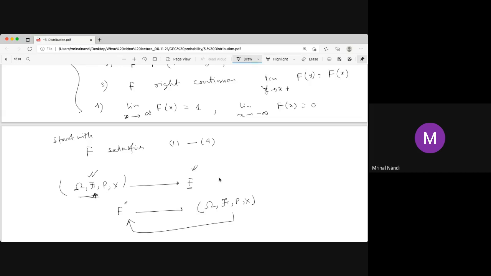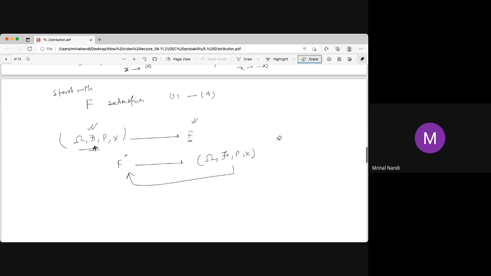If you can relate it, then we know what properties this f has, and we find all these properties of the random experiment. And there are several hundred or thousand random experiments that give rise to the same f.